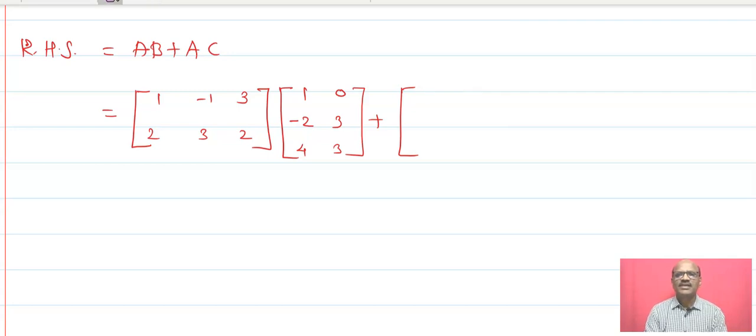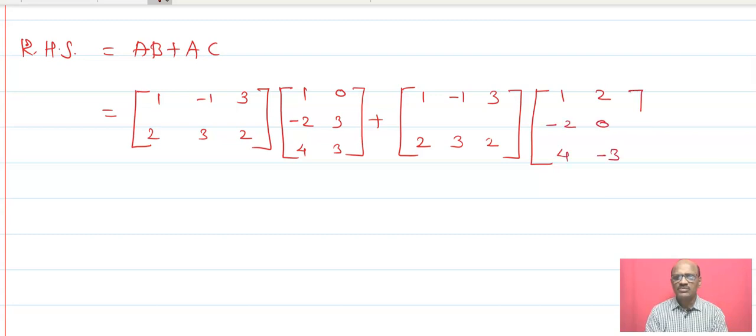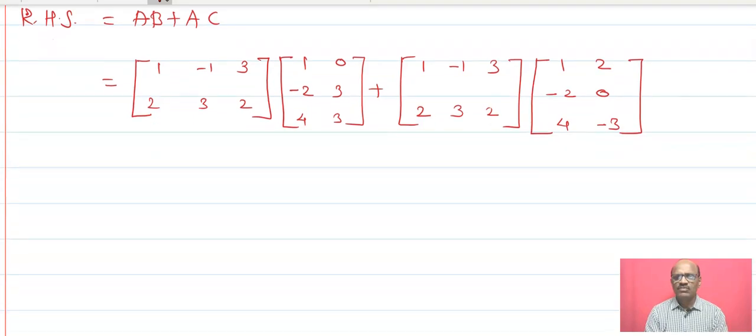We write here the matrix A again, that is [1 -1 3; 2 3 2], next is B, [1 0 -2; 3 4 3], and C, [1 2 -2; 0 4 -3].